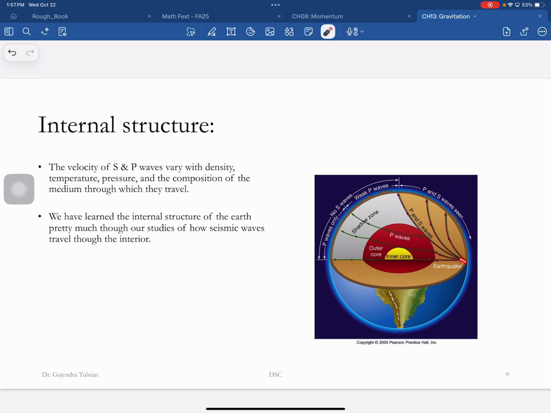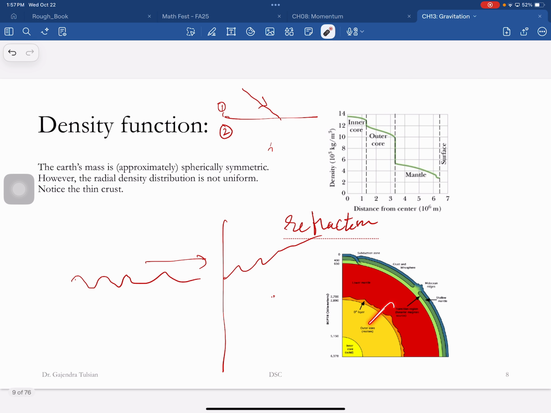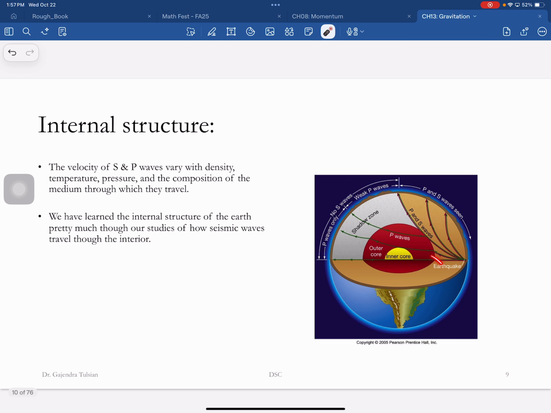You need earthquake data from millions of earthquakes and lots of seismometer data to reconstruct all of that. So it needs a little bit of computing power. That's how we know the inner structure of the Earth.